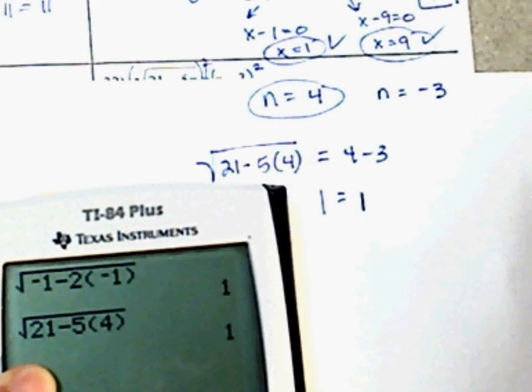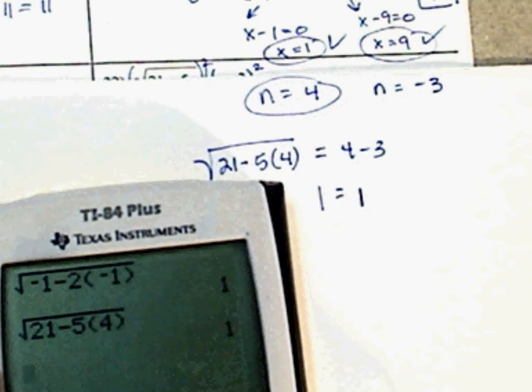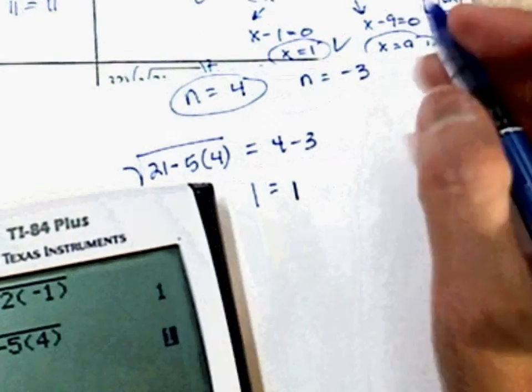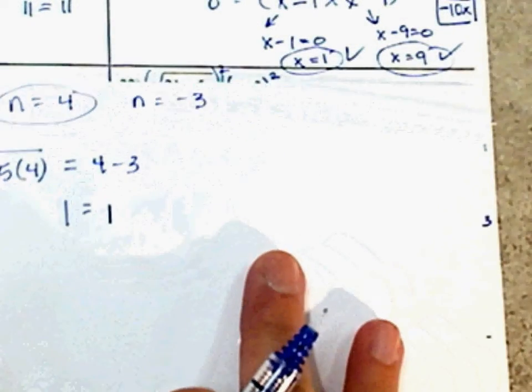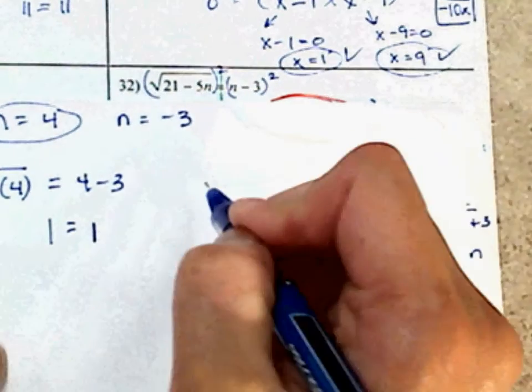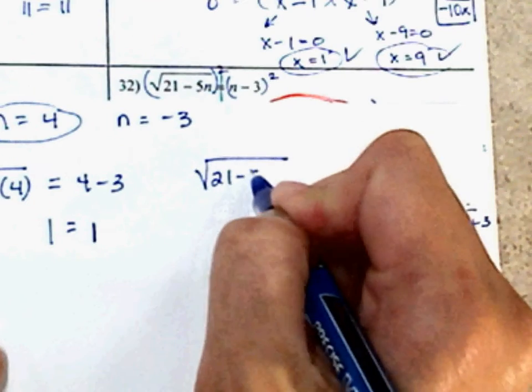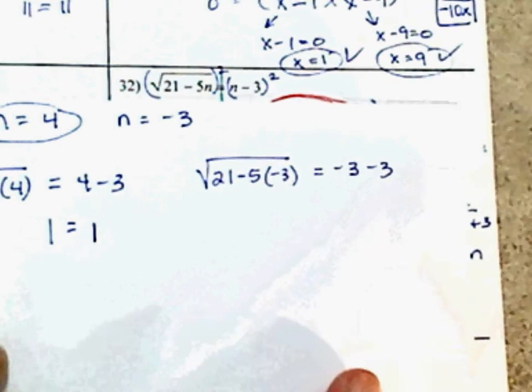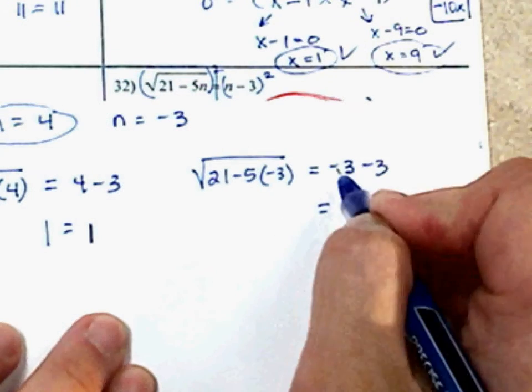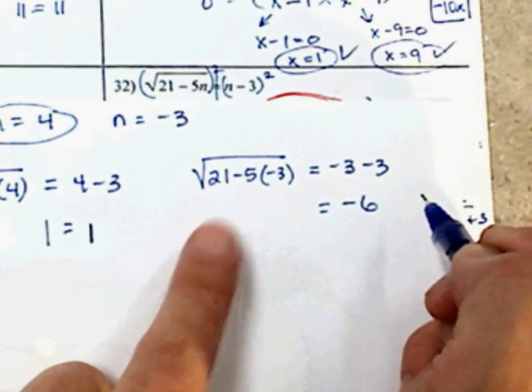Try it with negative 3. Here we go. This time we're going to try with negative 3. Go back to your original. 21 minus 5 times negative 3 is equal to negative 3 minus 3. Negative 3 minus 3 is negative 6. Let's see if this is going to work.